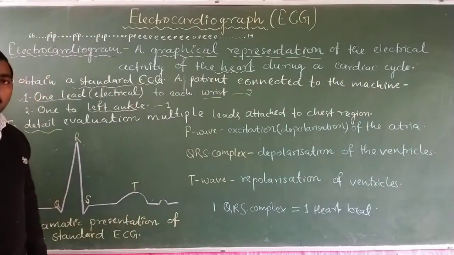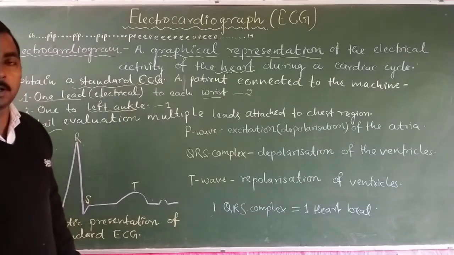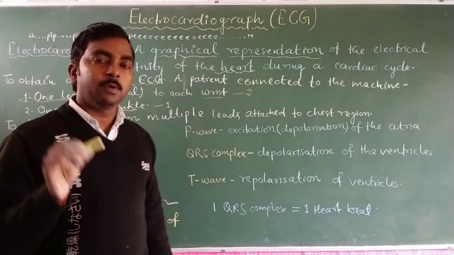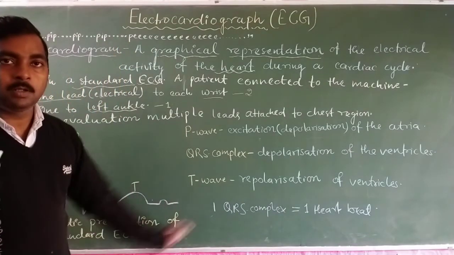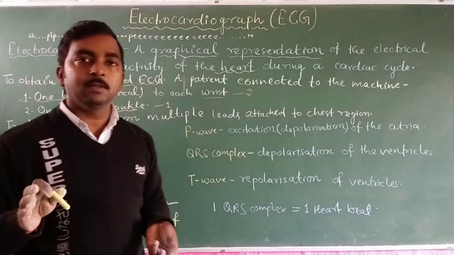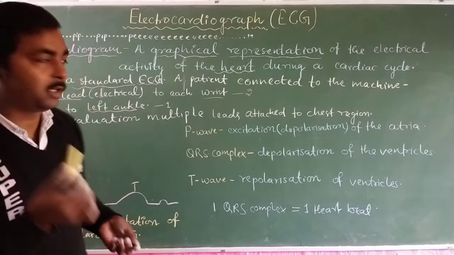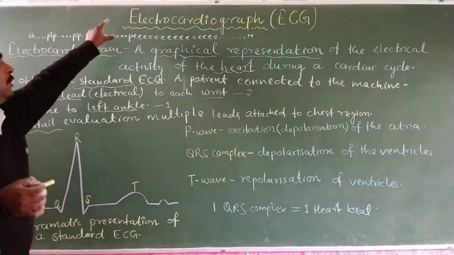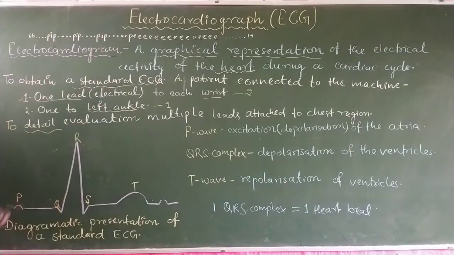Now, how can we calculate the number of heartbeats from this diagrammatic representation, and what cardiac activities are involved in creating this structure on the machine, which is known as the electrocardiogram?